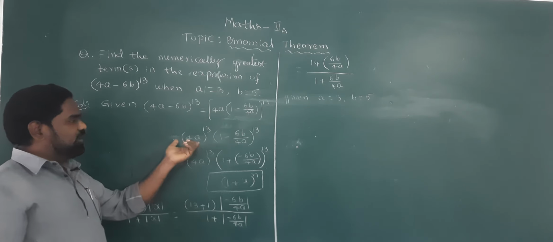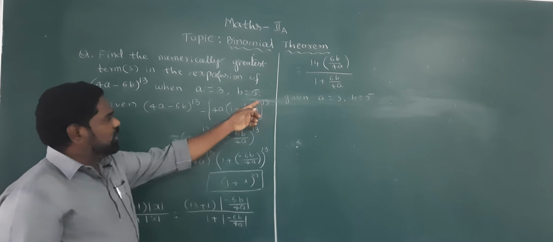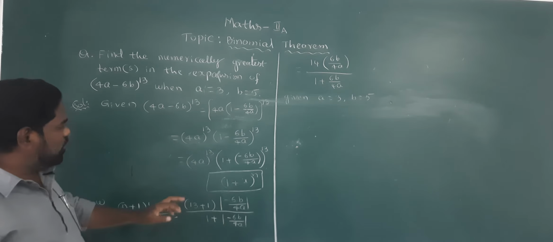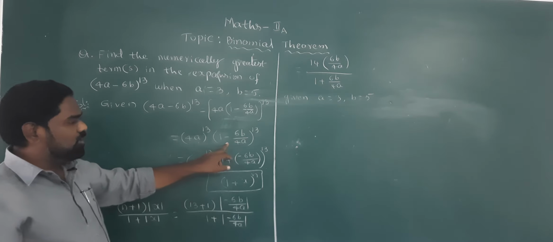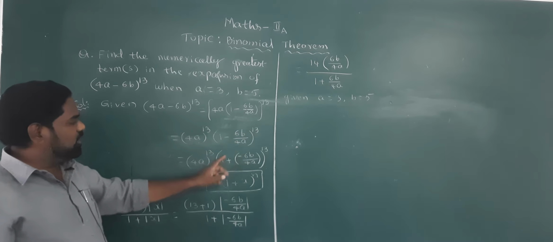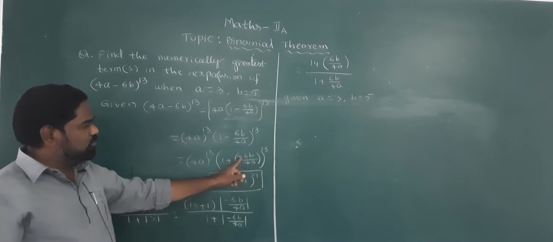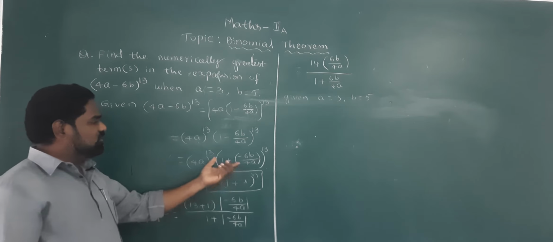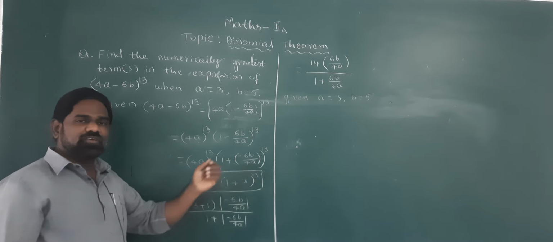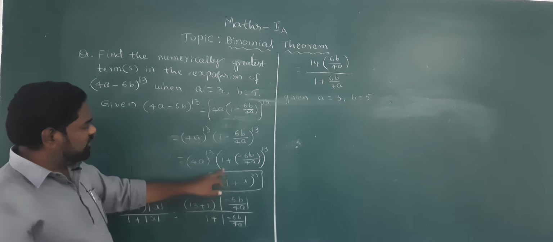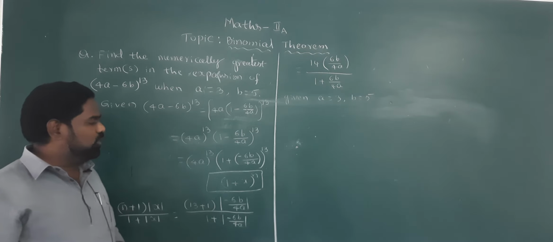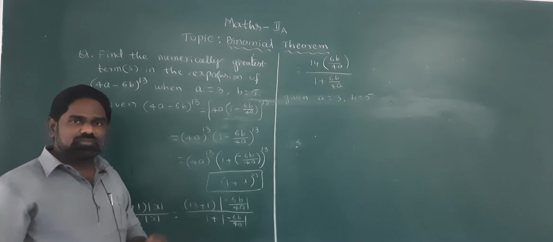Now it can be written as (4a)^13 times (1 + (-6b/4a))^13. Now this is in the form of (1 + x)^n, where x is -6b/4a and n is 13.